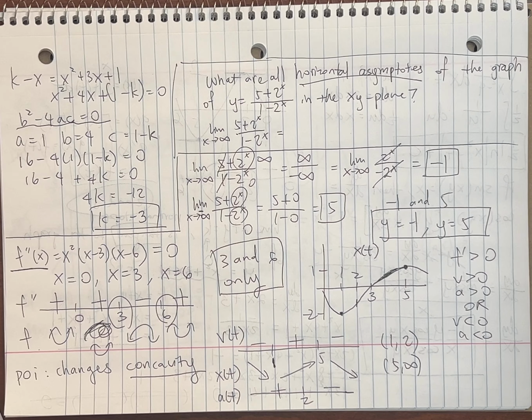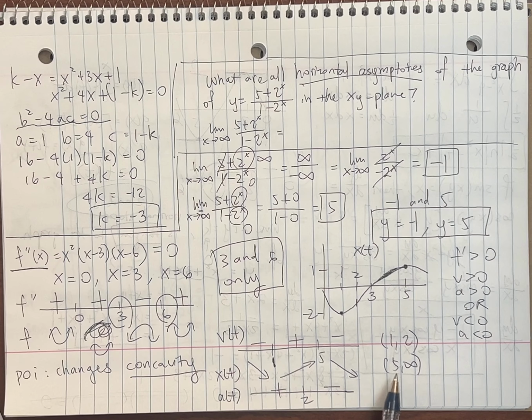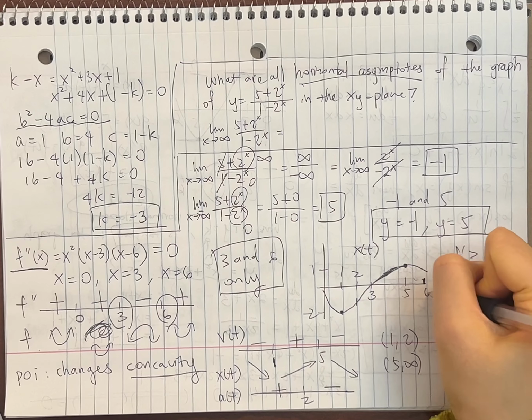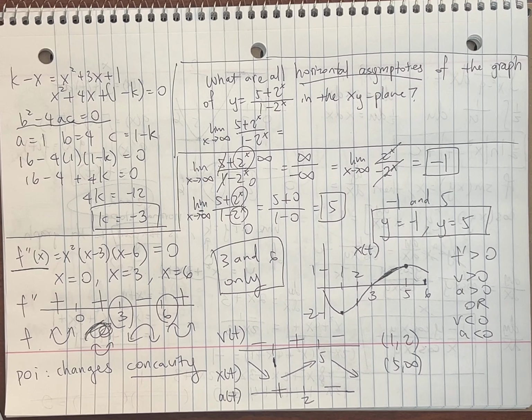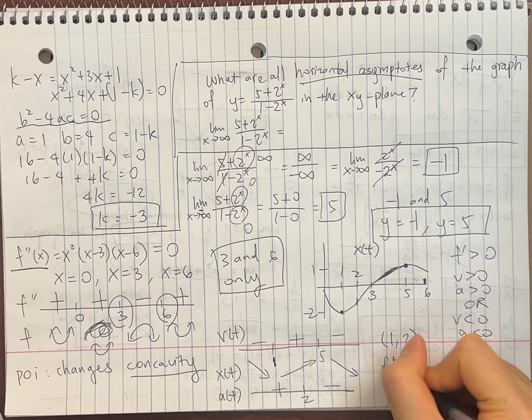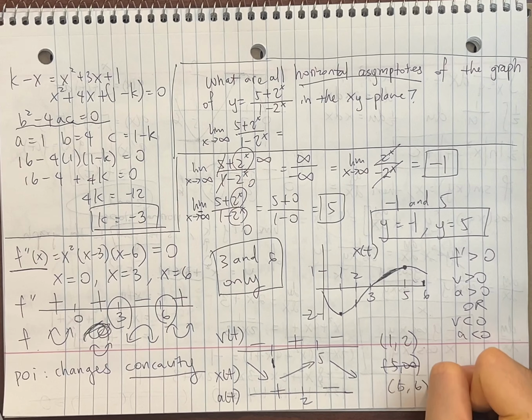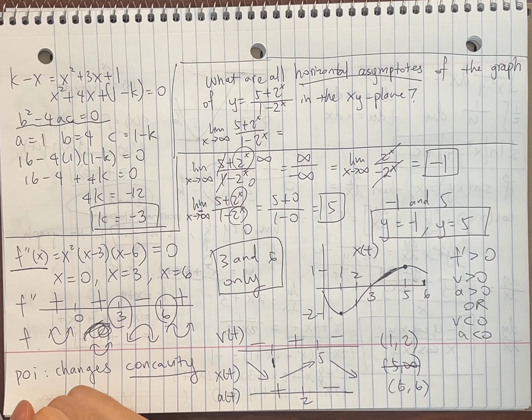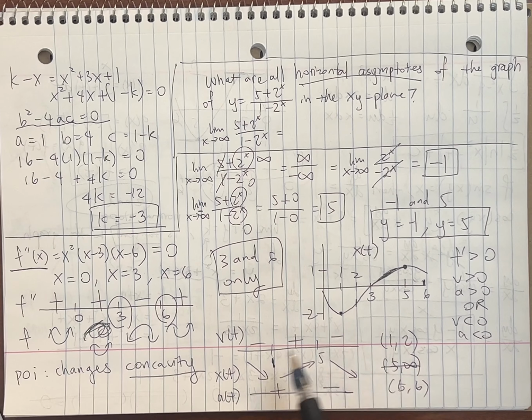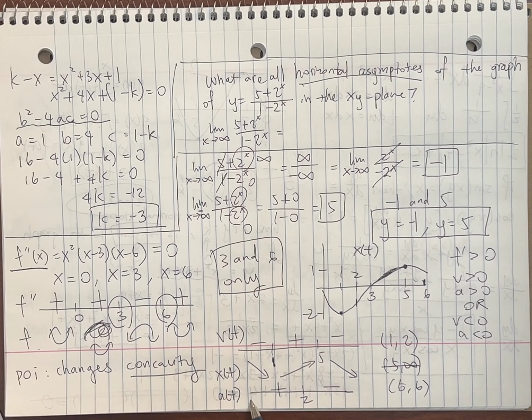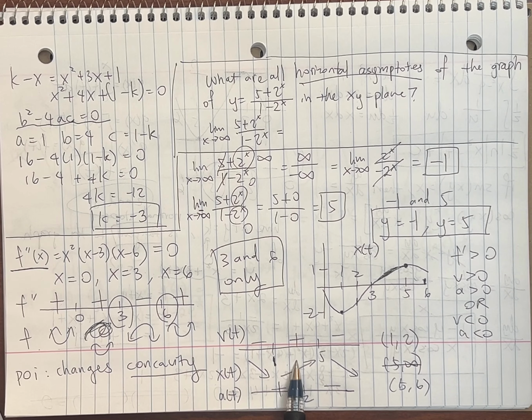So let me take a look. But we know it's restricted from here. It's 6. So it's from like 5 to 6. Let me take a look. So negative cannot be here, and 1 to 2 is positive, so it's good.